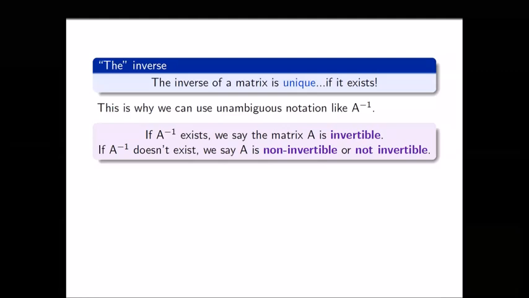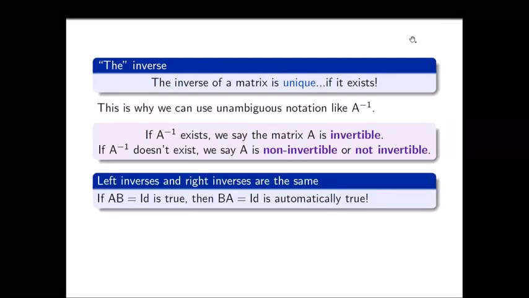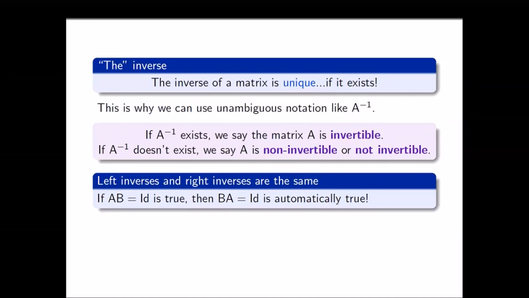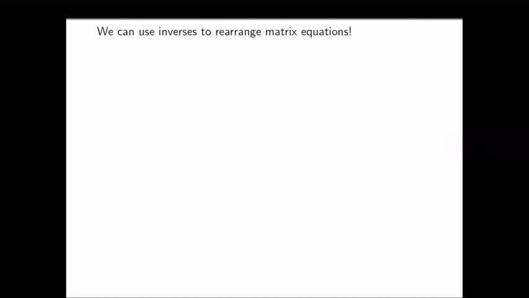And if A inverse does not exist, we say that A is non-invertible or not invertible. Also note that if A and B are square matrices, then left inverses and right inverses are the same. So if AB is the identity matrix, then BA is also the identity matrix. And a non-square matrix does not have an inverse.